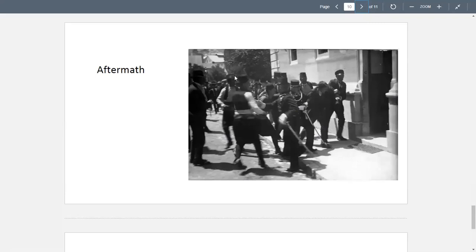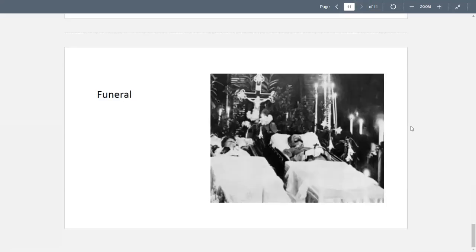Here they are. They captured Princip right away because there were a couple of cars in that, and they basically get out of him, and they beat him up pretty good, but they get out of him the rest of the people that were responsible for the assassination. Princip is actually not of age, and so he's going to be sentenced to a jail term, actually dies in jail of tuberculosis. 4 or 5 of the others are old enough, adults considered at the time, and they are going to be executed for what they did.